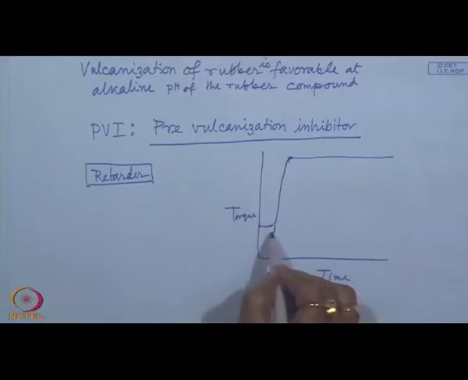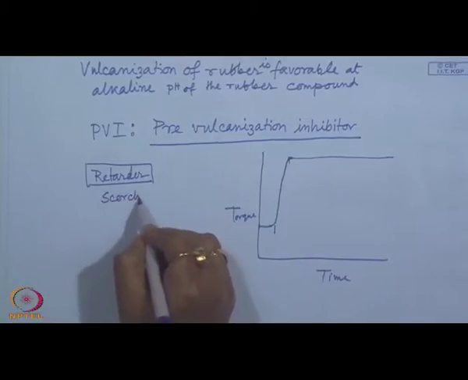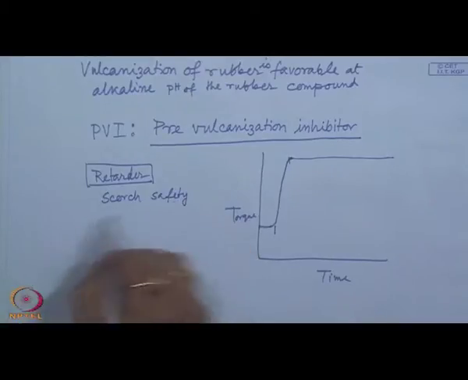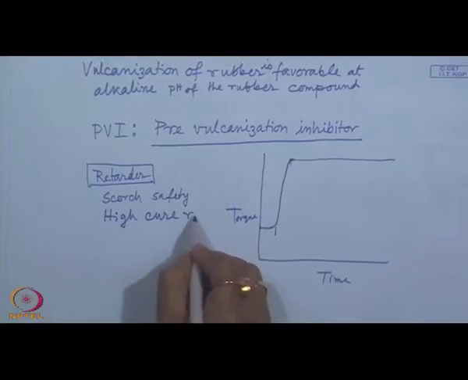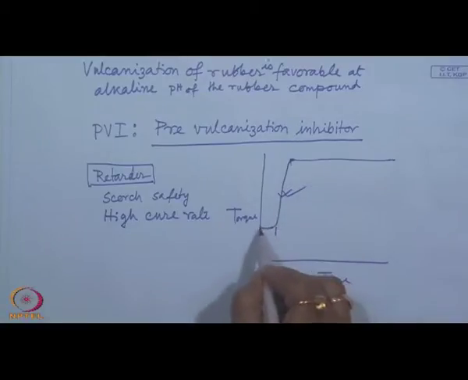compounding and fabrication period. That means the retarder will provide some scorch safety while maintaining the high cure rate, high vulcanization rate. This is maintained, but the start can be delayed this way.